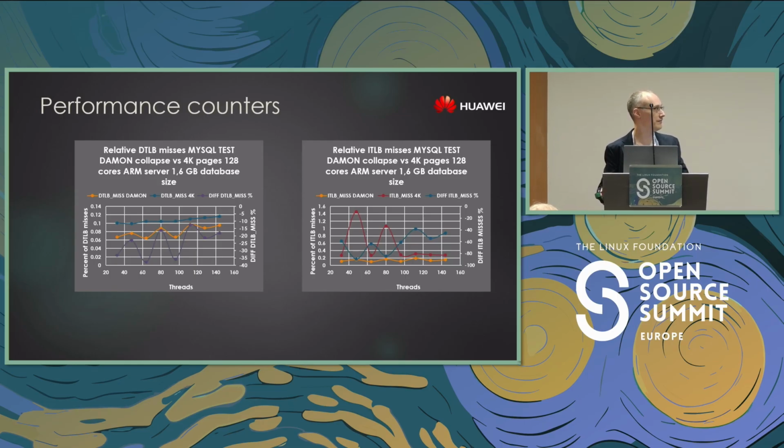It turns out that yes, DTLB misses are lower now than before with 4K. And the same thing for instruction TLB. In fact, with instruction TLB, as you can see, we have a more flattish line, like the yellow line, instead of those spikes.